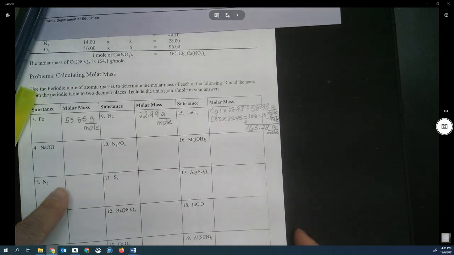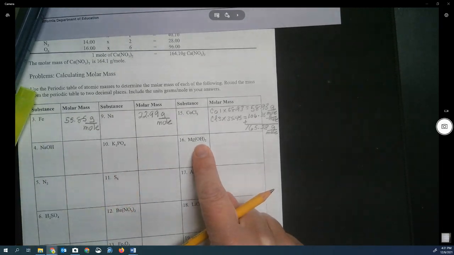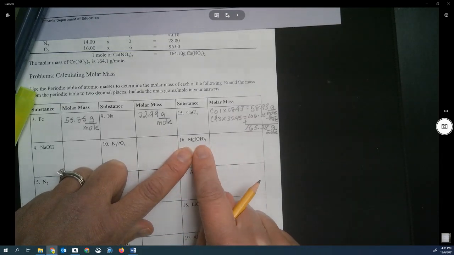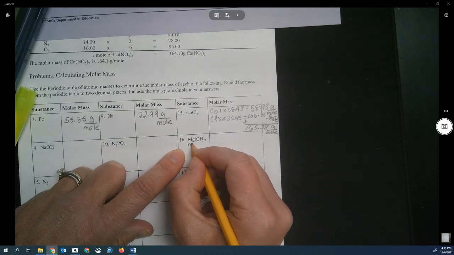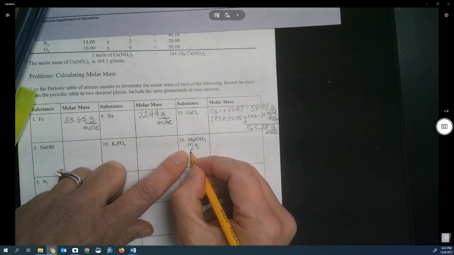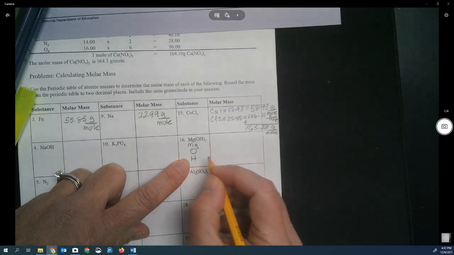All right, so we're going to jump down to another example with parentheses so that we can practice counting those atoms. All right, so I have magnesium hydroxide here. So I'm going to list my elements. So I have magnesium. Hydroxide is made of oxygen and hydrogen.